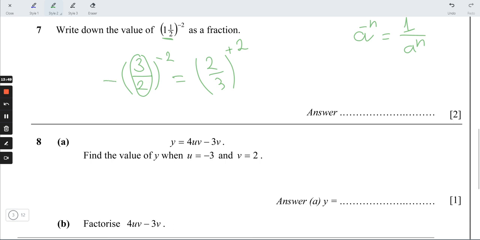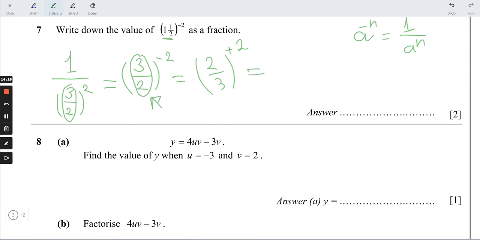Which means here it's 1 over 3/2 to the power of 2. So now flipping 3/2 gives you 2/3 to the power of 2. So directly here, just flip what you have inside the brackets. Flipping this fraction will change a negative power to a positive power.